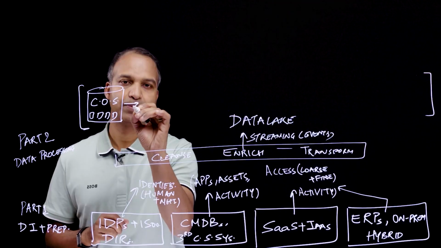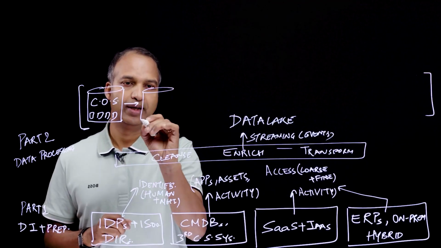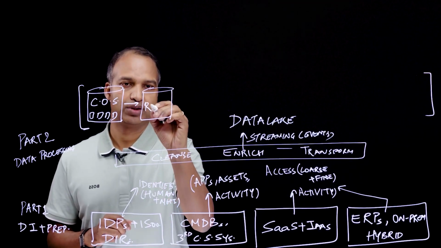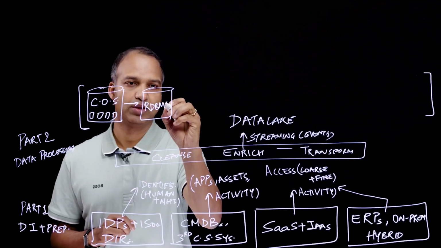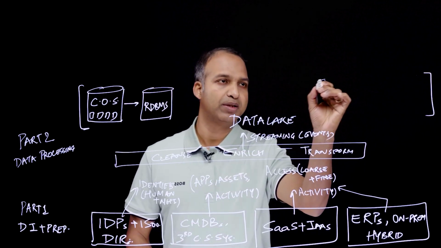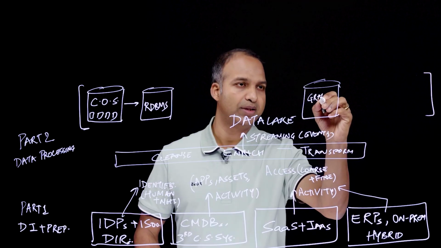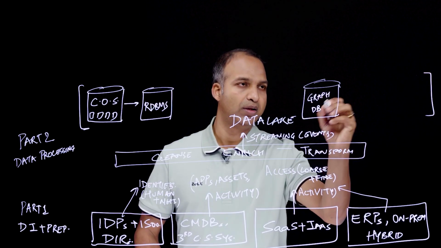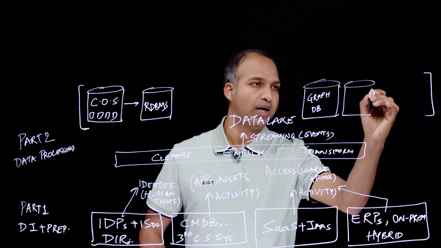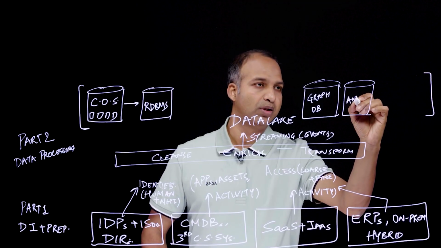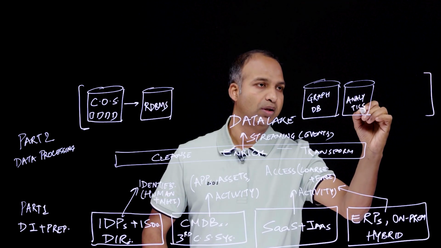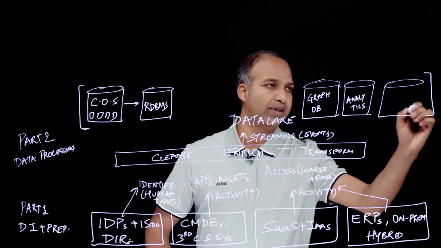Once this happens, this data goes into various different stores. Let's take a look at what these stores are. You have an RDBMS, you have a graph database, you have an analytics store, and you have a vector database.